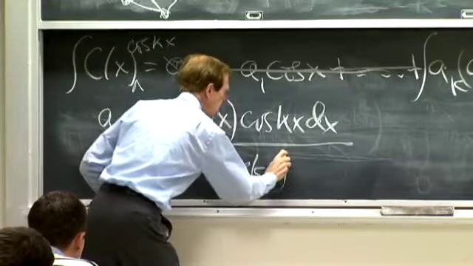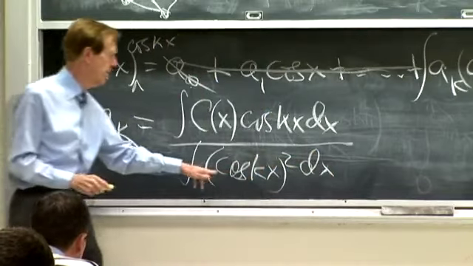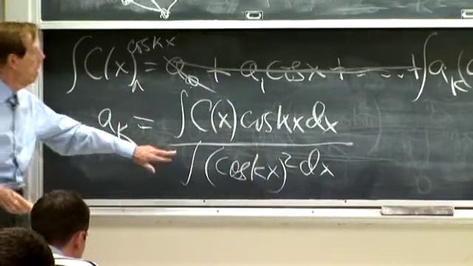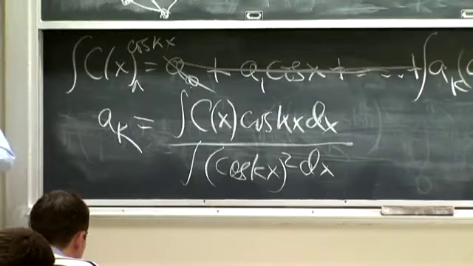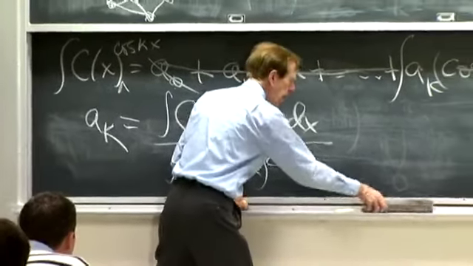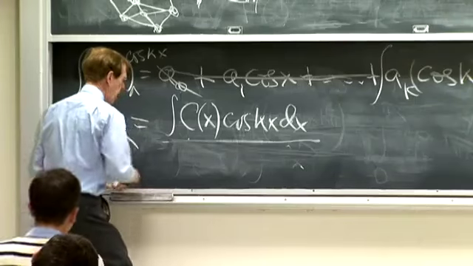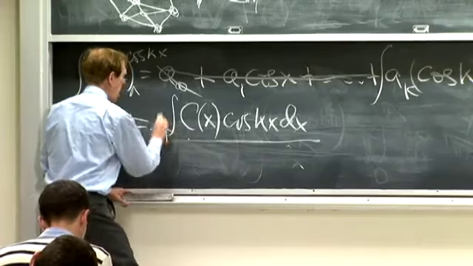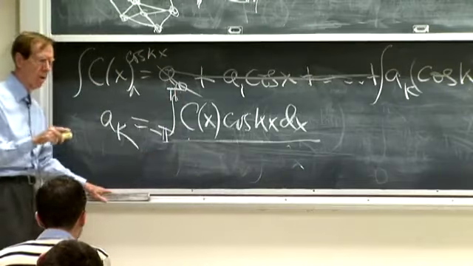Because I haven't normalized things, I don't know that that's 1, and in fact, it isn't 1. So I have to remember to put that number in. Okay, so that's the formula. And that number turns out to be pi, again. If I'm integrating from minus pi to pi, then the average value of the cosine squared is 1/2.